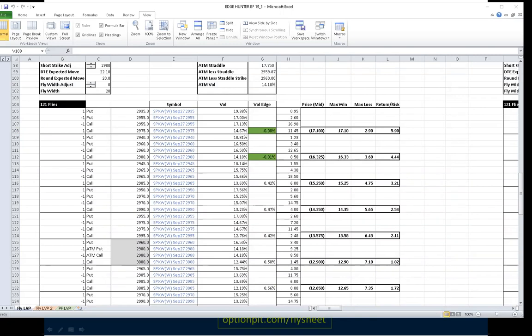So, Alan, what I would use instead for the iron condor is the vol buy sell sheet. The reason is that an iron condor, as a strategy, is really a short delta strategy. You have a bit of a short delta.